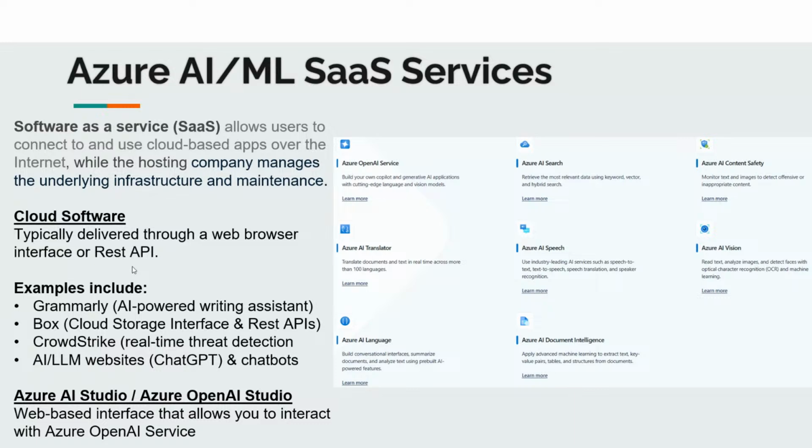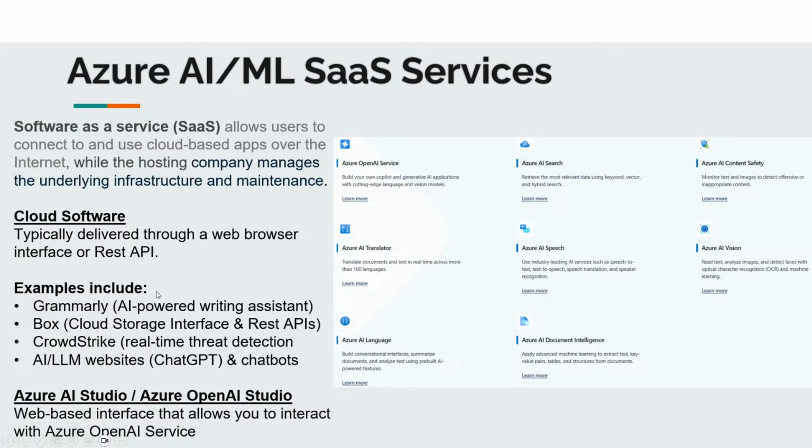But generally, they're delivered to make it easy for the end user through a web browser interface, or for developers who want to integrate other pieces of software or services into their own applications, making them communicate with each other.